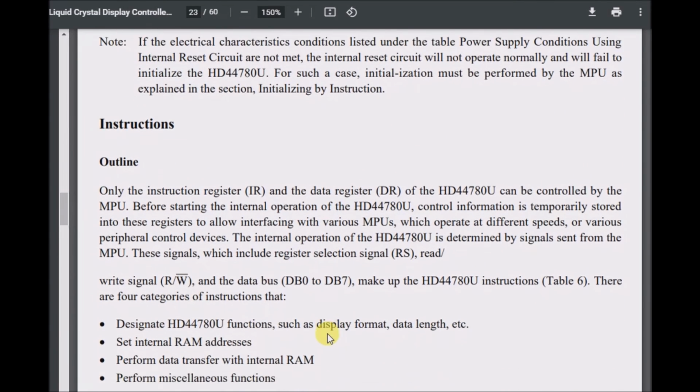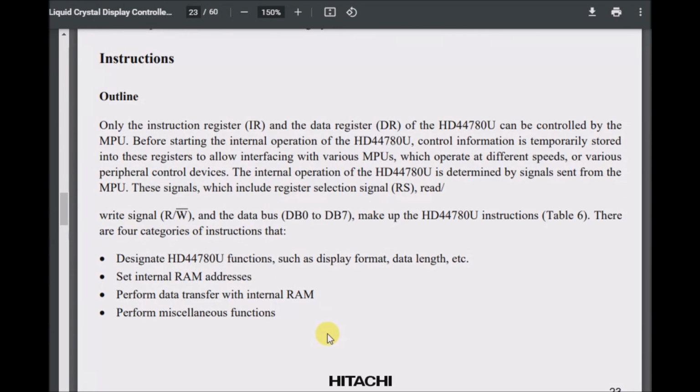Instructions. Outline. Only the instruction register IR and the data register DR of the HD44780U can be controlled by the MPU. Before starting the internal operation of the HD44780U, control information is temporarily stored into these registers to allow interfacing with various MPUs which operate at different speeds, or various peripheral control devices.